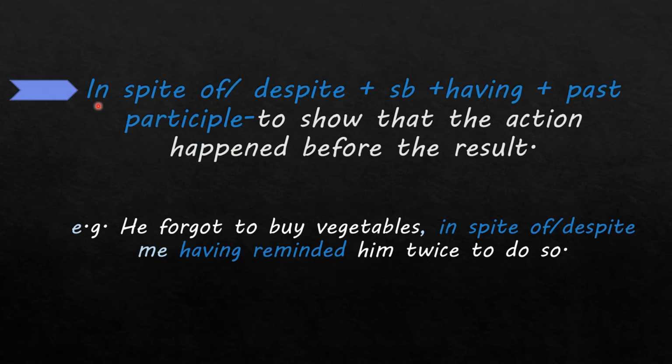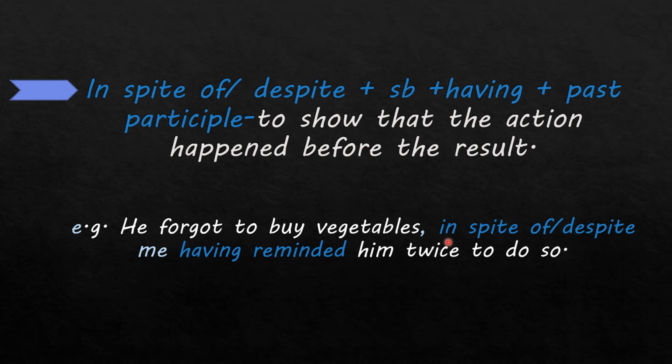The next one is in spite of, despite, plus somebody plus having plus past participle. They are used to show that the action happened before the result. Example: he forgot to buy vegetables in spite of or despite me having reminded him twice to do so.